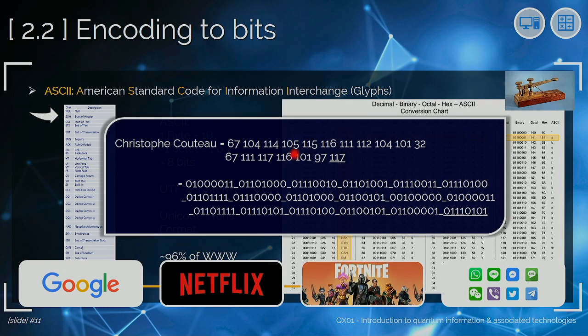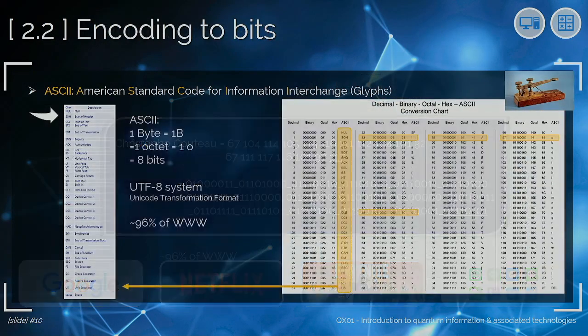So for instance, if I want to write my name using the ASCII codes, these would be the ASCII codes for various letters. You have capital C, that would be 67. So if I go back here, 67, it's somewhere here, okay?